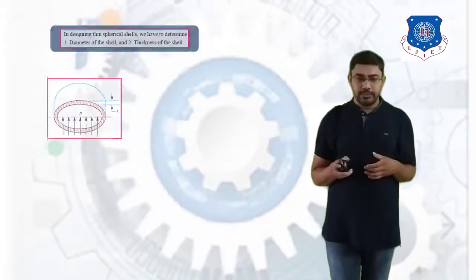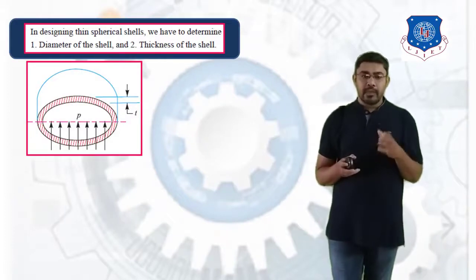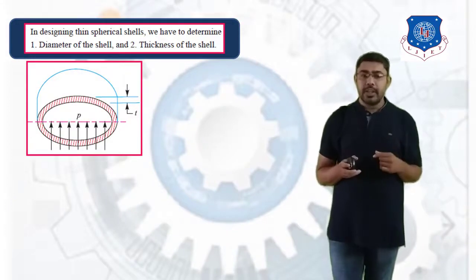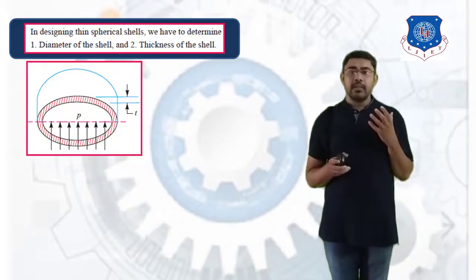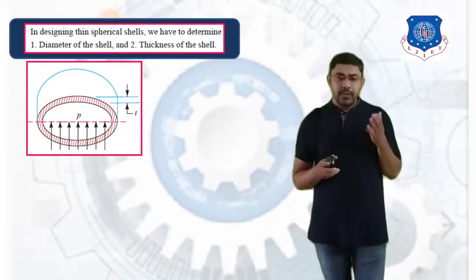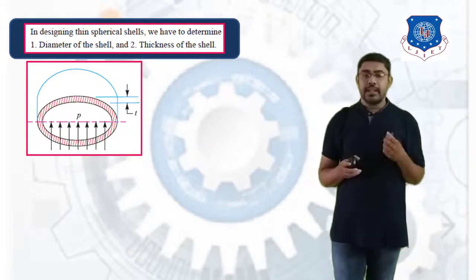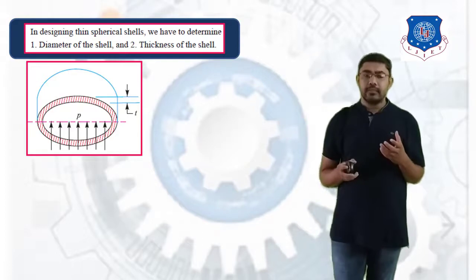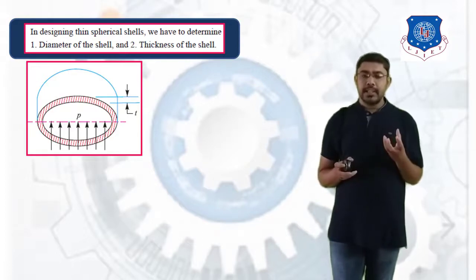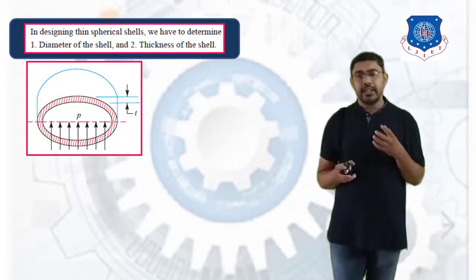Now, as we see in the figure of the spherical shell, to design it we have to determine first the diameter of the shell and second the thickness of the shell. First we calculate the diameter.